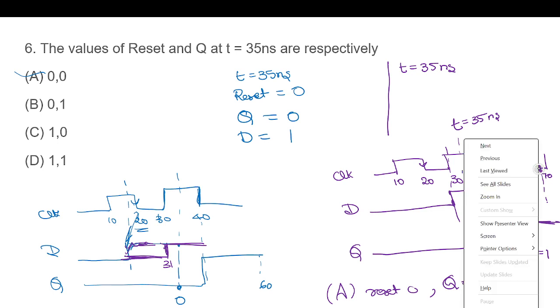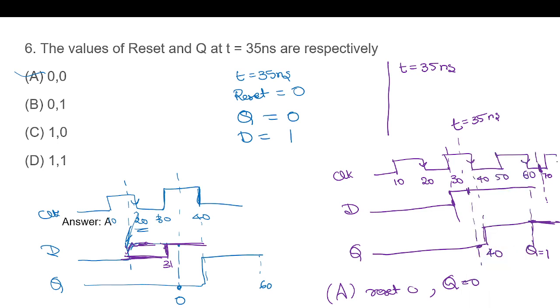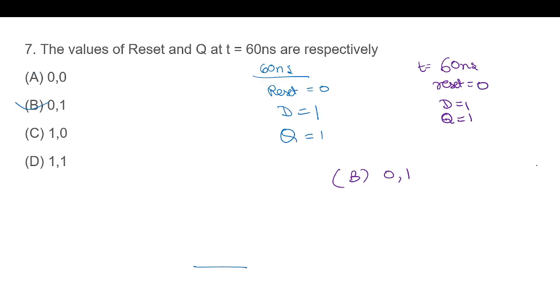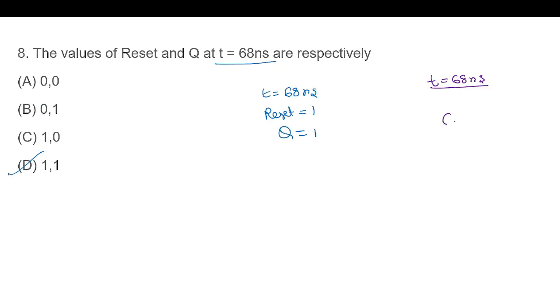So D will be 0 only after this negative edge. So Q will not go to 0. Q will remain 1, but reset will be changed to 1. So option D, 1, 1. Clear now? Yes, ma'am. Any doubts?